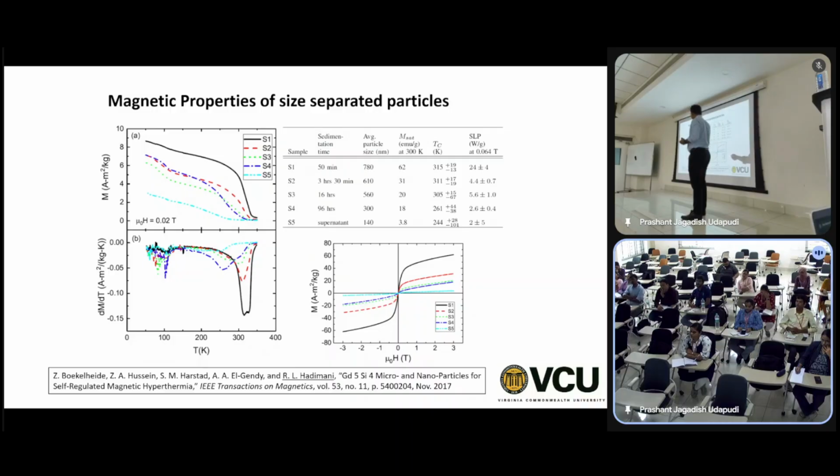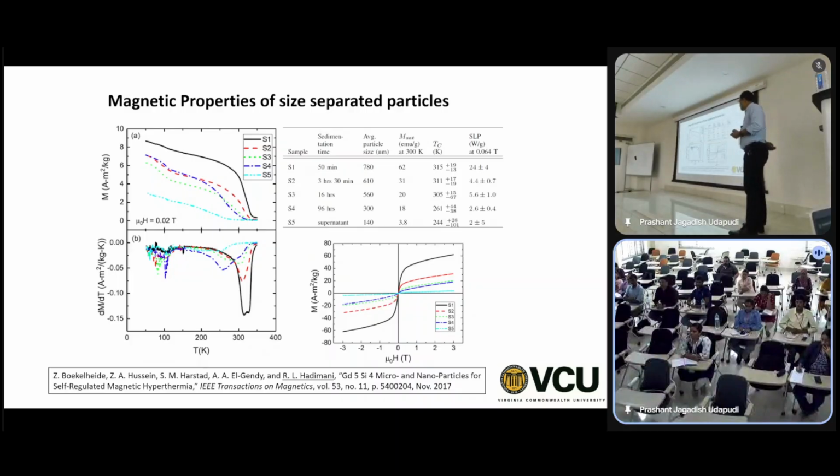So this is the transition temperature here, which is close to 340 degrees here somewhere. This is for S1. Sorry, not 340, it's 310. And the smaller particles have lower and lower transition temperature.